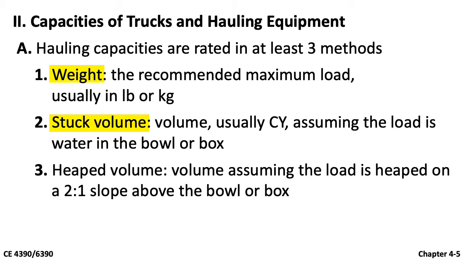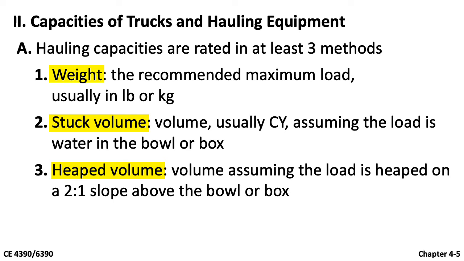Number 2, struck volume. This method measures the volume, usually in cubic yards. It is the total volume when assuming that the load is water, so it is level at the top of the box. Number three, heap volume.